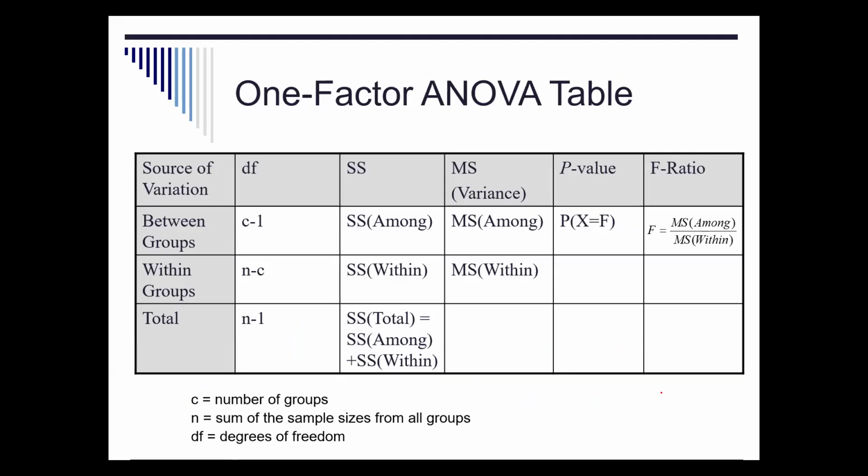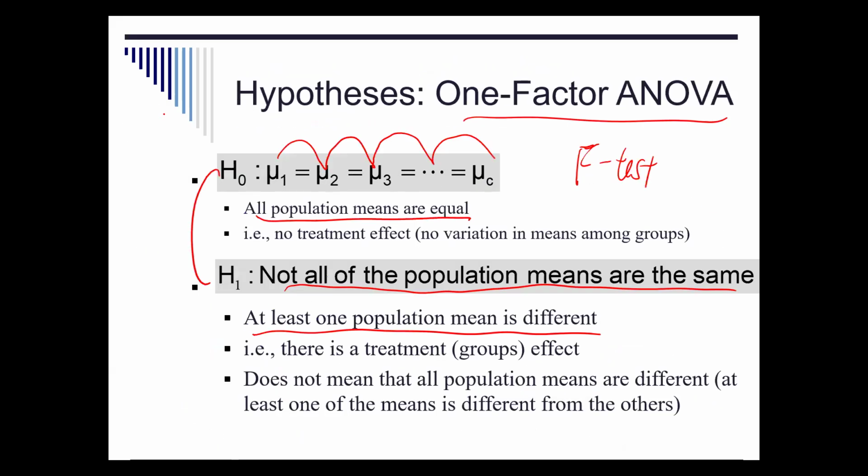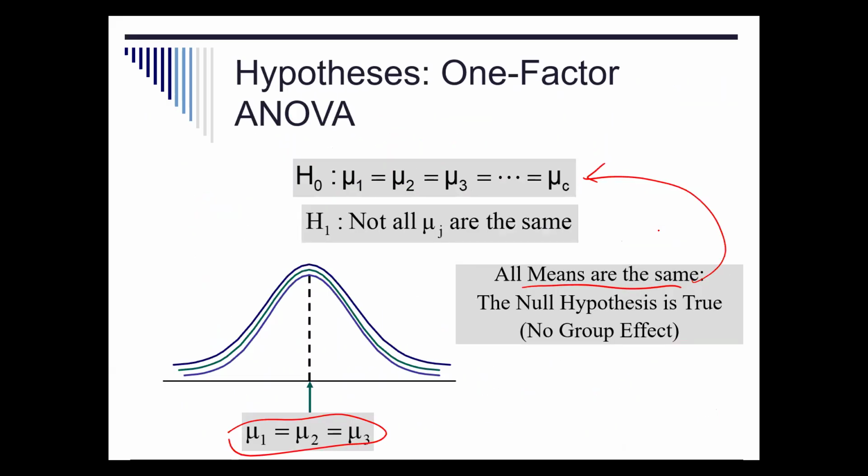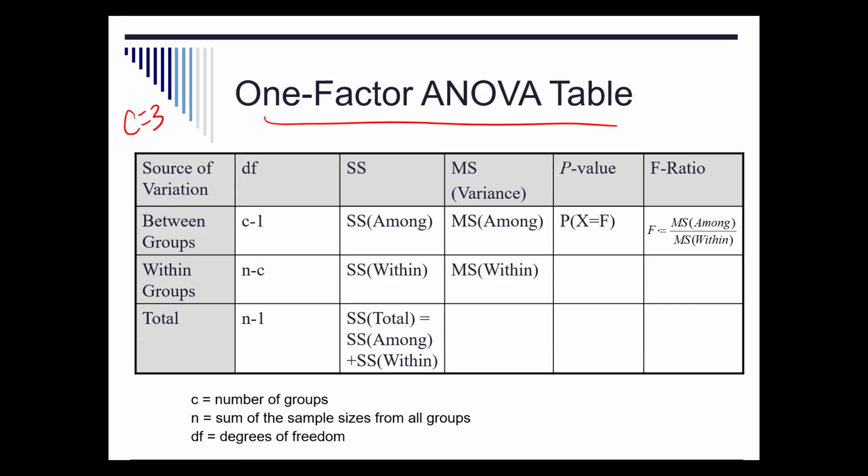So now this is the ANOVA table. In our ANOVA table, there's between groups. If we have 3 shifts, C will be 3. In this case, with 5 brands, C will be 5. That's between groups, and then there's also within group.